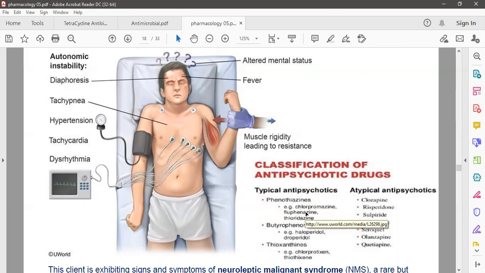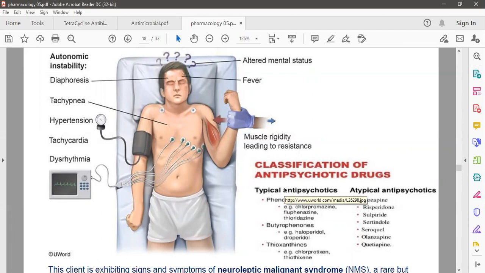Other typical antipsychotics are haloperidol and droperidol. And the last one here is chlorprothixene.